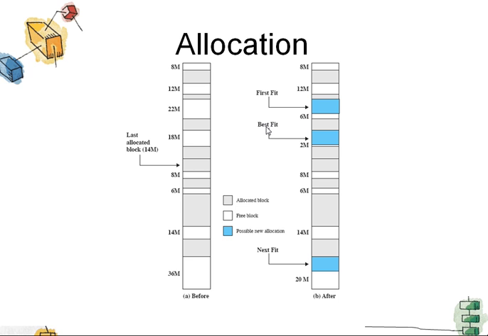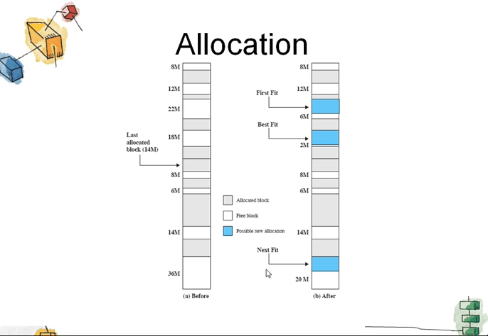Now, in case of best fit, it will find the suitable block. See, it will find the suitable block here. So this 18M is suitable for the requesting process because its size is 16M. So here we again have a small fragmentation area that is left over, and it can't be allocated to any of the processes because it is so small, and this happens with the best fit algorithm.